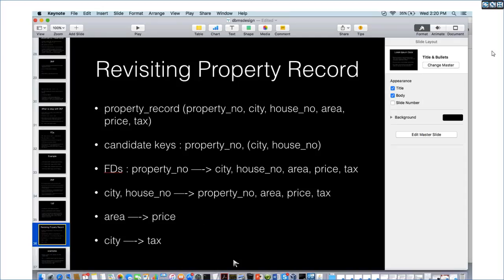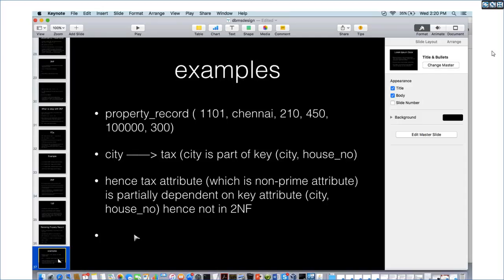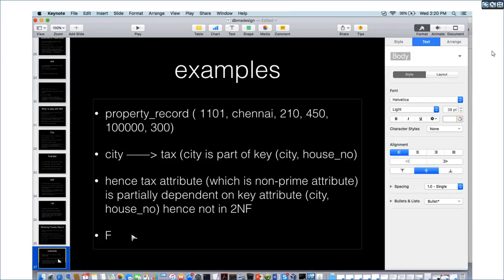So FD1 doesn't violate any of the normal forms. FD1 satisfies all the normal forms, that is 1NF, 2NF, 3NF, and then BCNF.